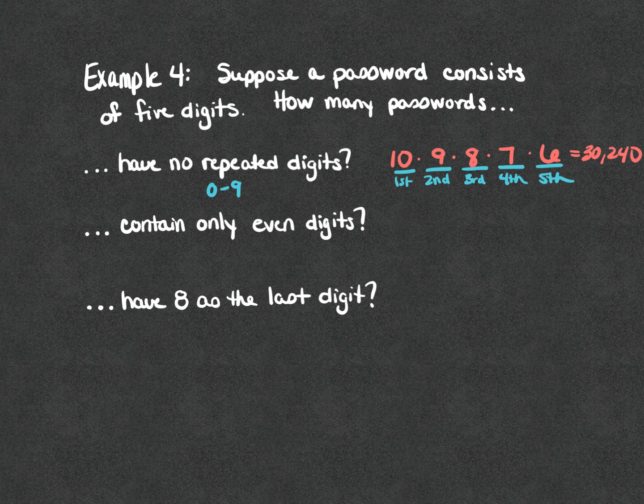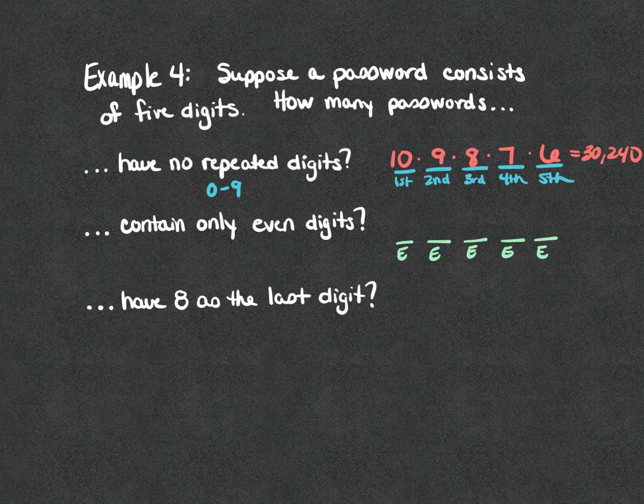Okay, well, let's change it up a little bit. What if our 5-digit password contains only even digits? So I'm going to use an E representing that it has to be even. Now, notice this does not say that we can't repeat. This is kind of like a restart, kind of pretend that that first question wasn't there. So we have a password consisting of 5 digits.